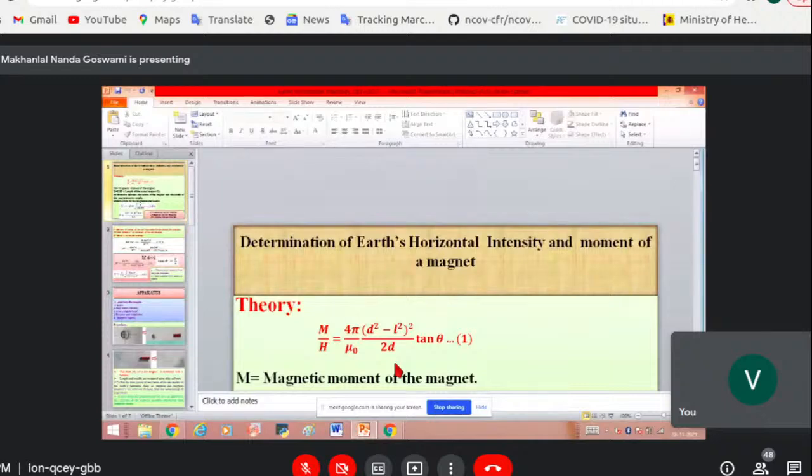So the first procedure will be the ratio of two unknowns, that M by H is a basic theory in every textbook. M by H equals 4 pi into (D square minus l square) the whole square by twice D, 4 pi by mu 0, and tan theta.